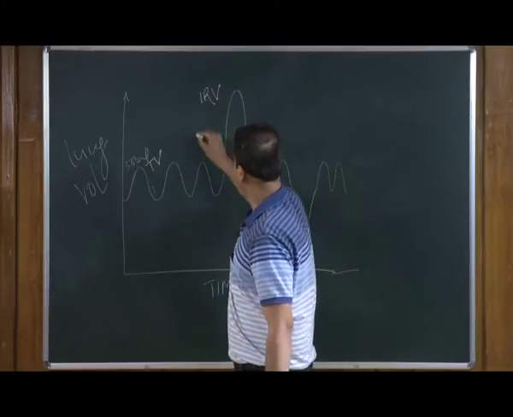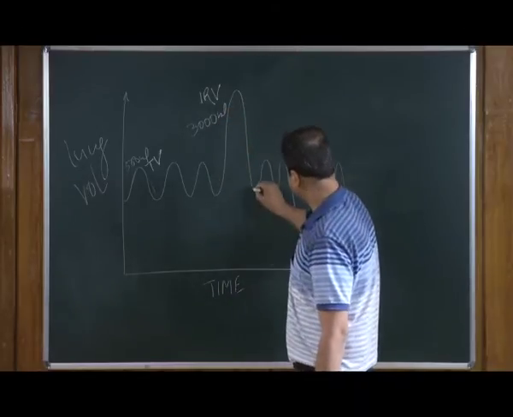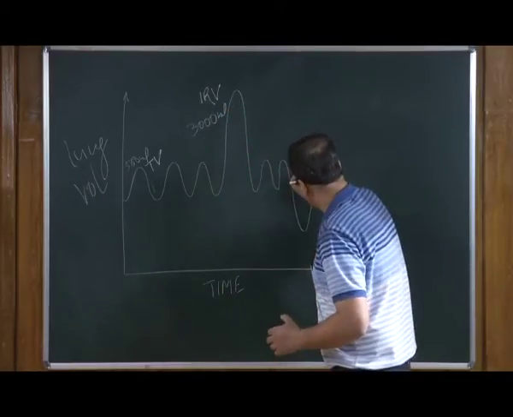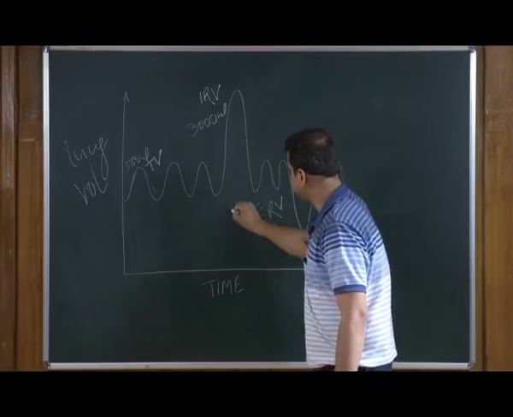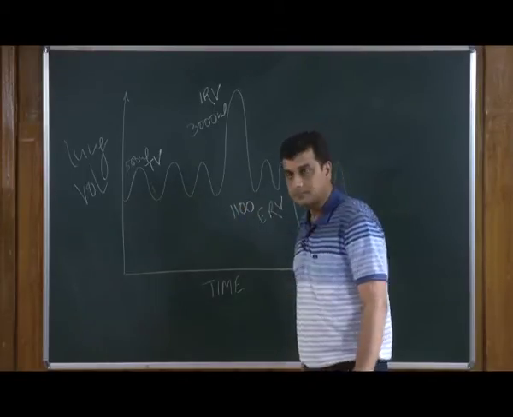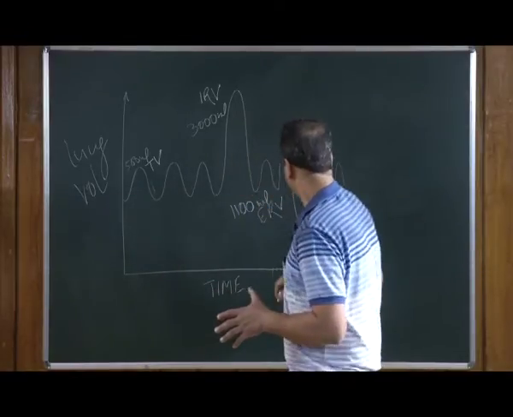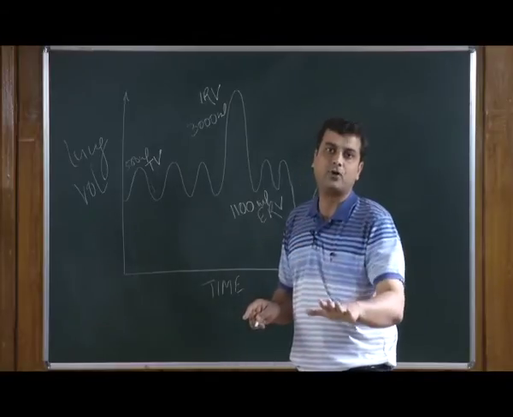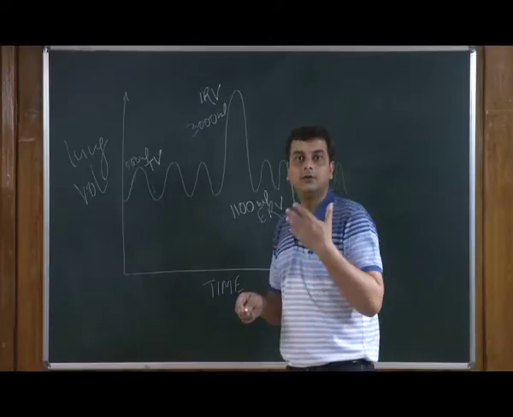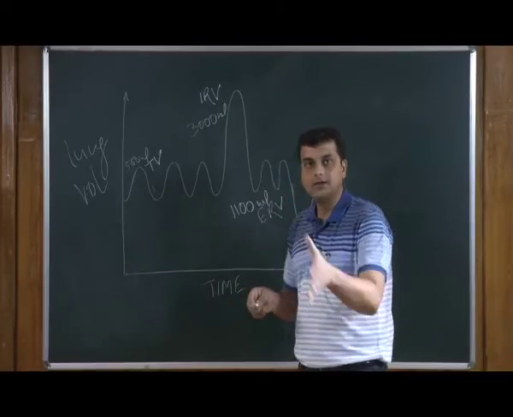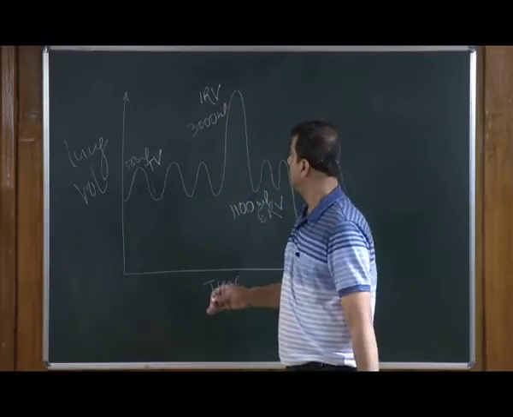So, this inspiratory reserve volume is approximately 3000 ml, and then again normal breathing, and this is the expiratory reserve volume, which is approximately 1100 ml. These are all approximations, and variations are quite possible according to the health condition of the individual. These are just for a healthy human being of average weight.